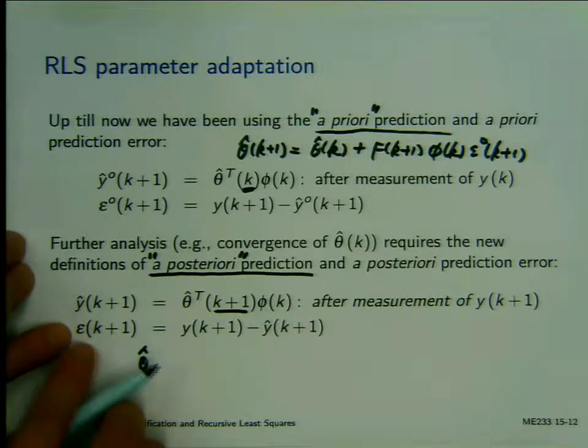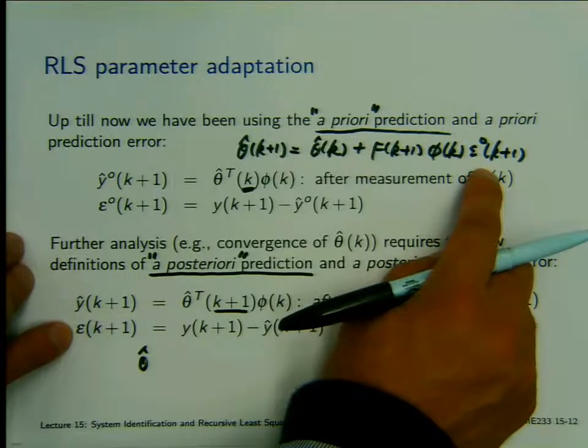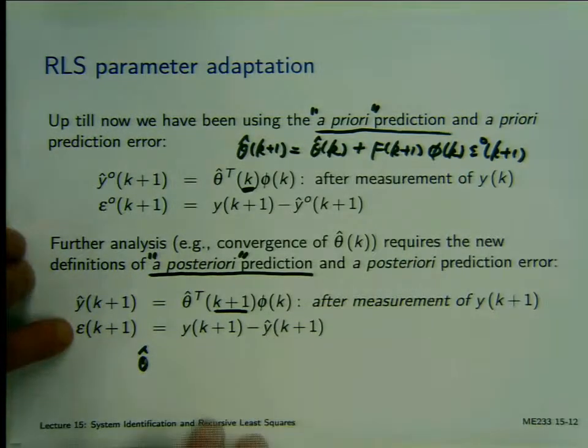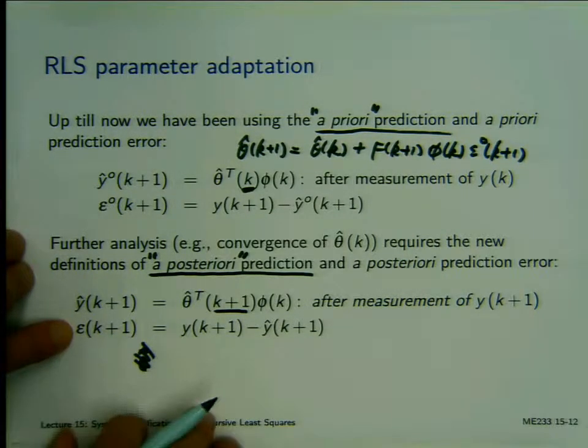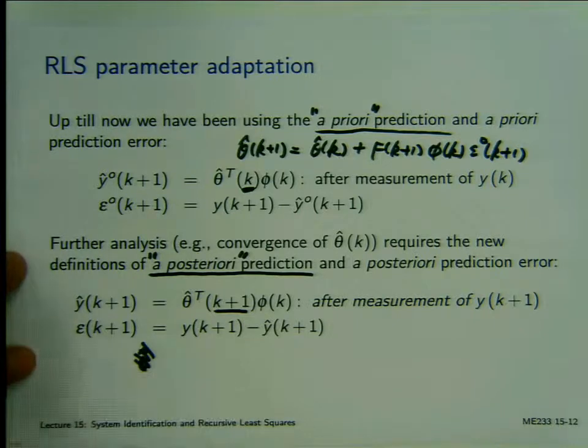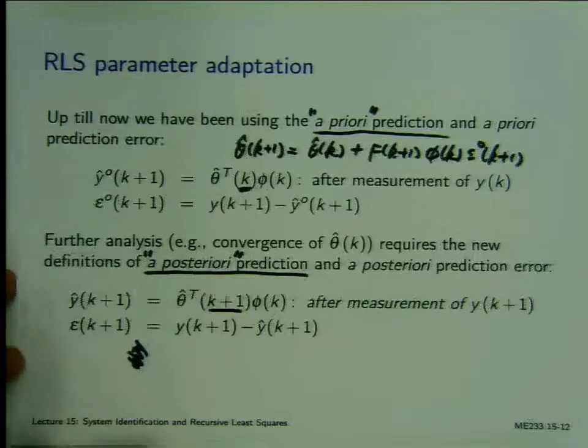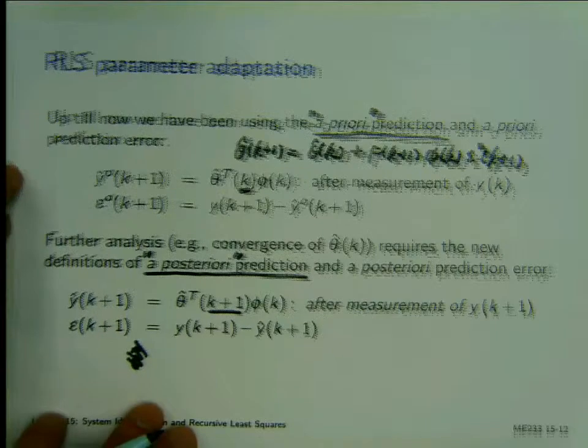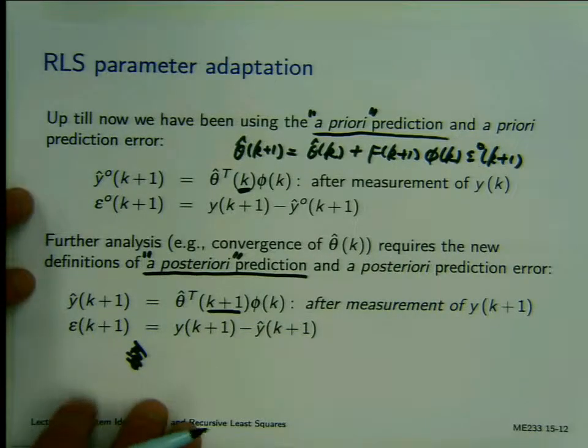This is the notation for the a posteriori error. Why don't we use it here? Calculation time, that's one factor. Someone else wanted to say something, I heard. There's another reason. Calculation time is one reason.